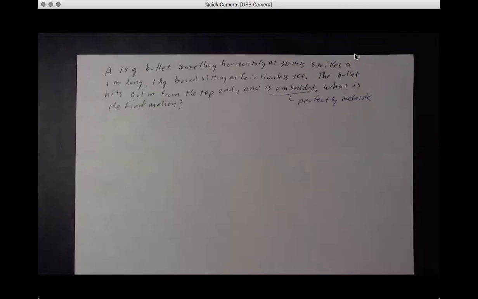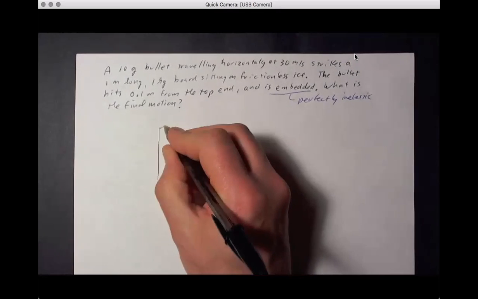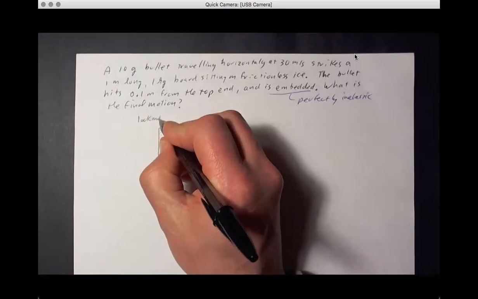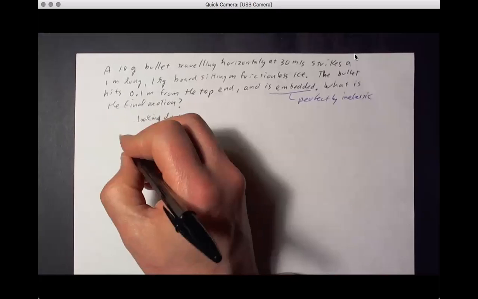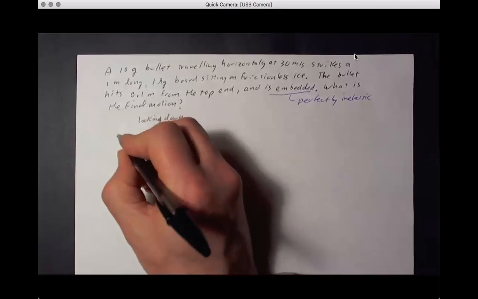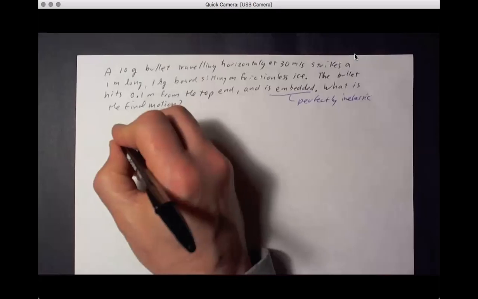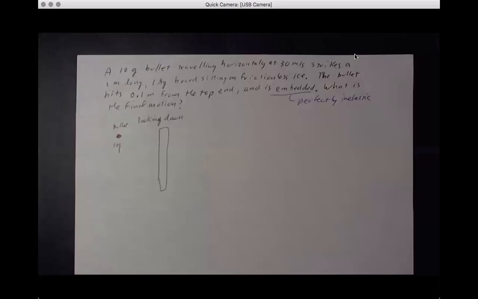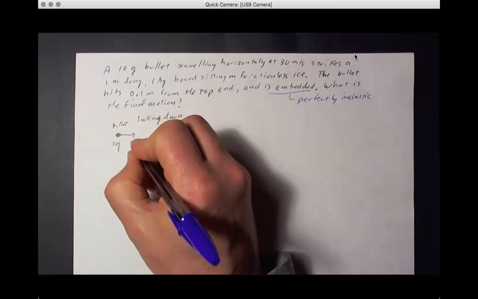Well, if we start, this is looking down. We have a bullet. There it is. It's 10 grams, and it's going 30 meters per second.